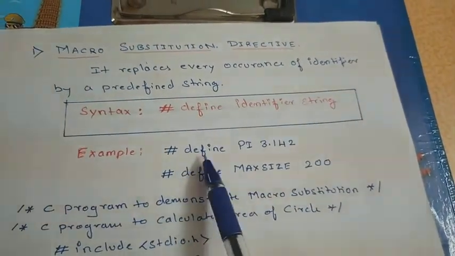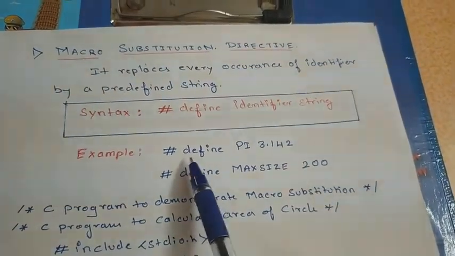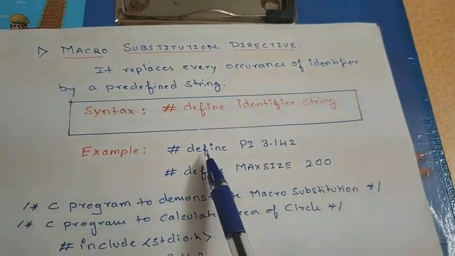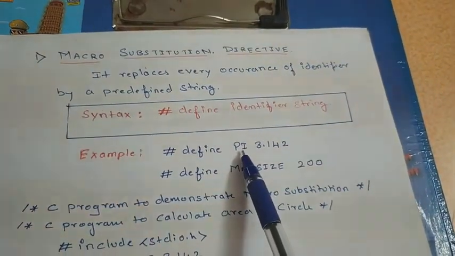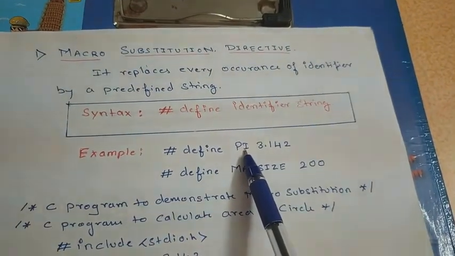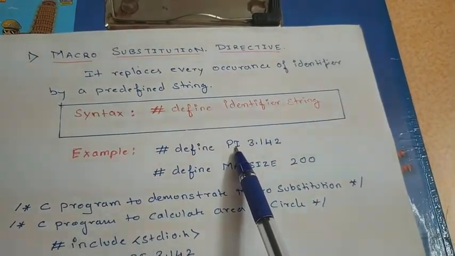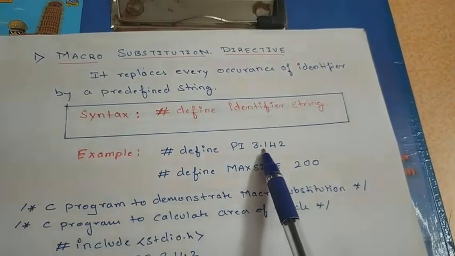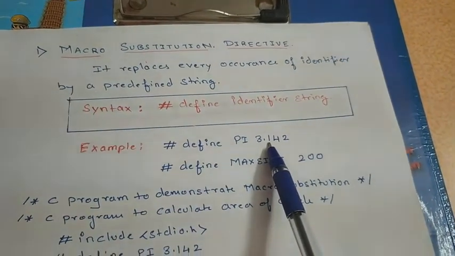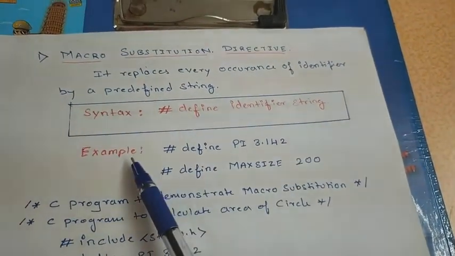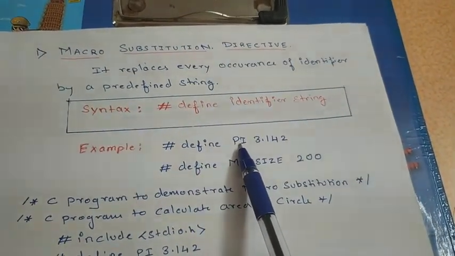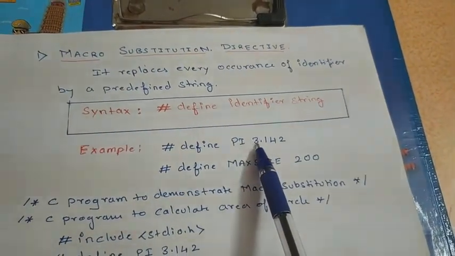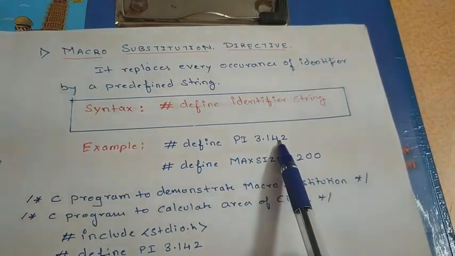So hash define is a directive that I am going to use, which will replace the identifier with the value that I have specified. In an example, I have used hash define PI, an identifier, with a value 3.142.